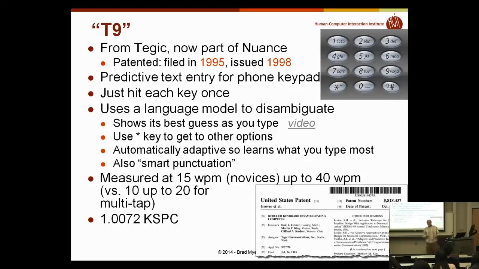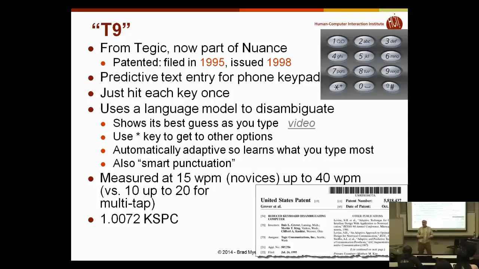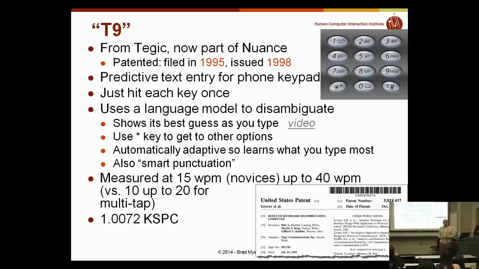There are a lot of different words that could be. It would try to predict which one is the most likely of all the different combinations of the letters on the 2 key and the 8 key to see which one I'd want to type.